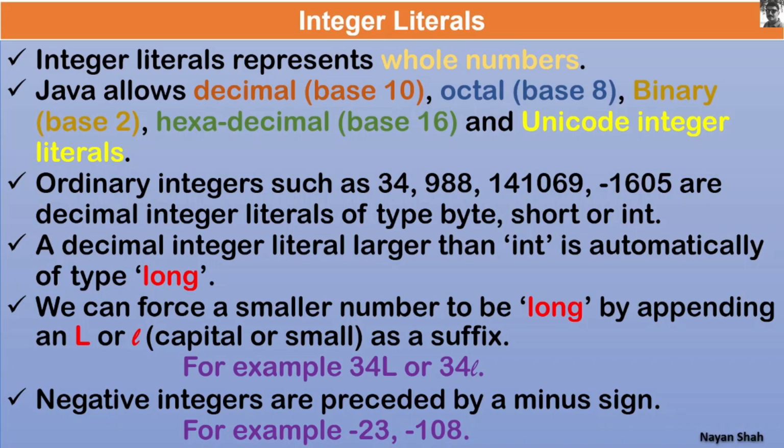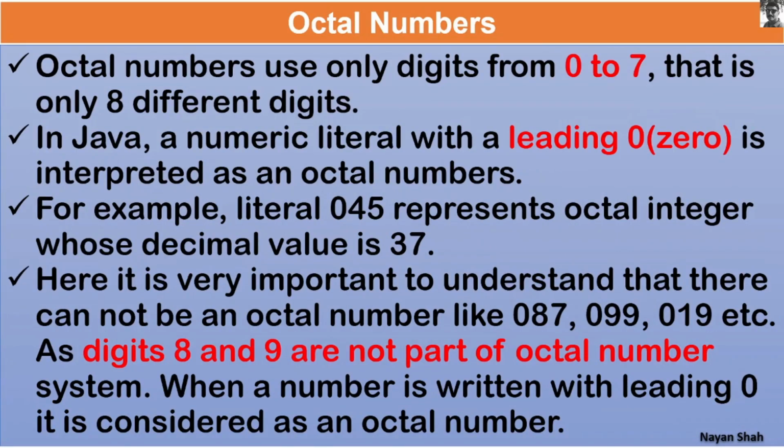Negative integers are preceded by a minus sign. So whenever you want to write a negative integer literal, you precede it with a minus sign, which is a very simple thing. Octal numbers. Octal numbers use only digits from 0 to 7, as I said. That is only 8 different digits. In Java, any number with a leading 0 is interpreted as an octal number.